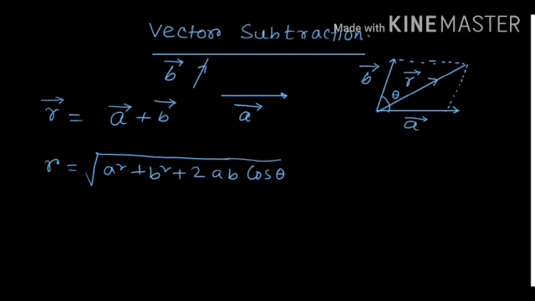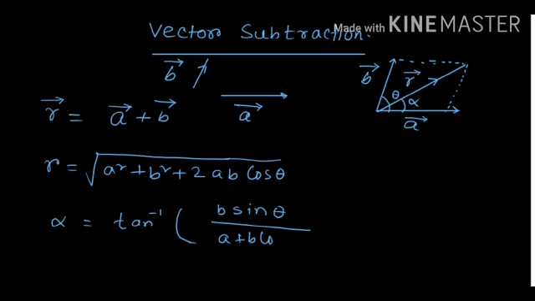For this, say the resultant vector makes an angle alpha with vector A, then we can write alpha equal to tan inverse of B sin theta by A plus B cos theta. This was the direction of this resultant vector.